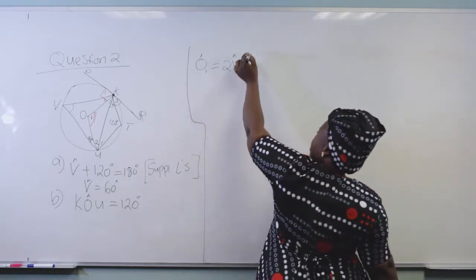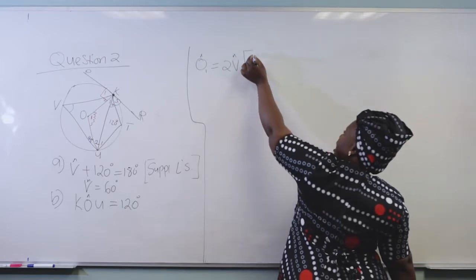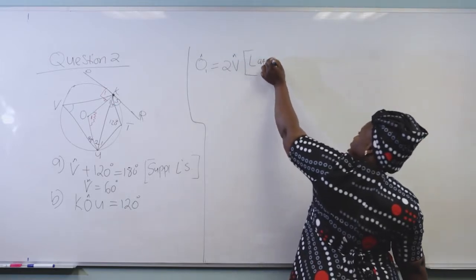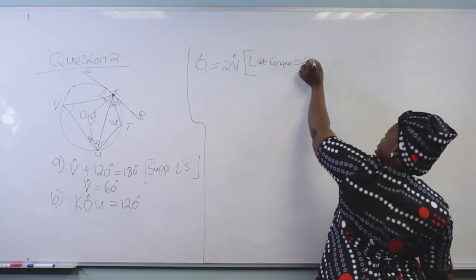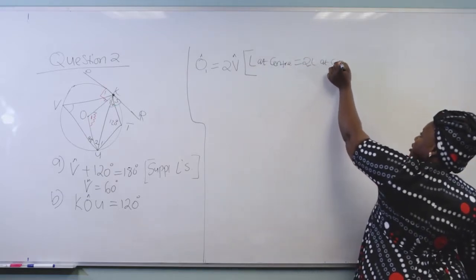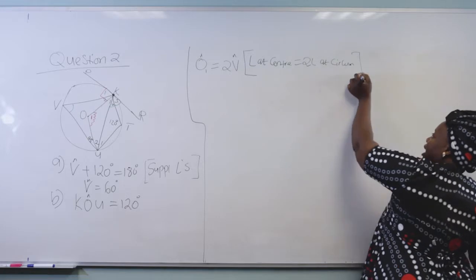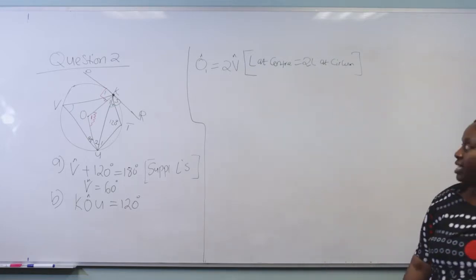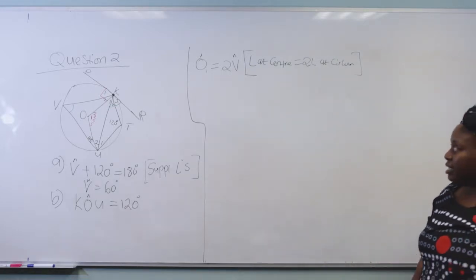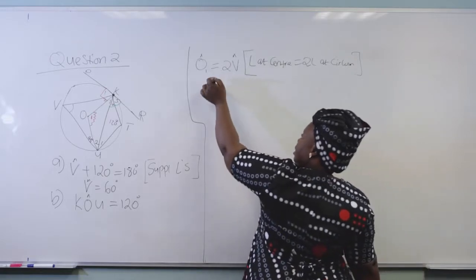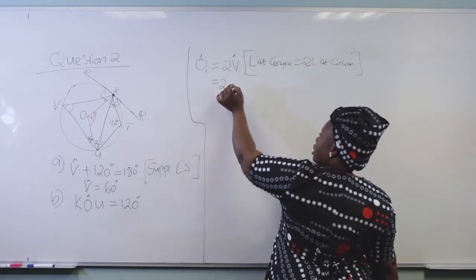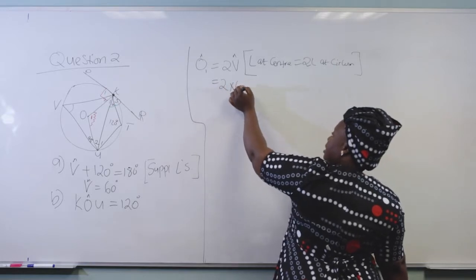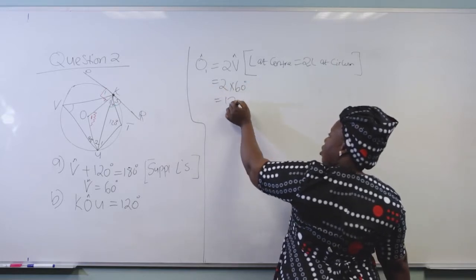By saying this, you'll have to give us a reason: the angle at the center is twice the angle at the circumference. Remember this was given to be 60. So this is multiplied by 60, which gives us 120.